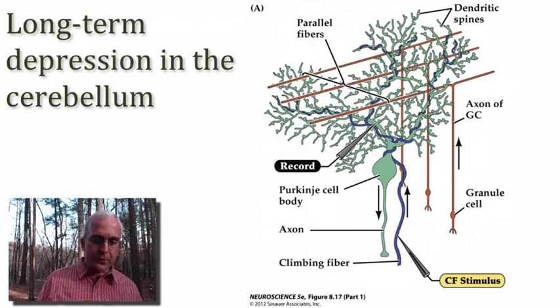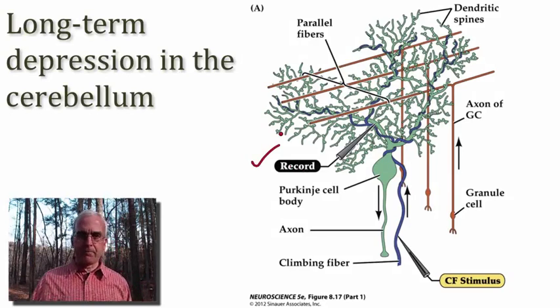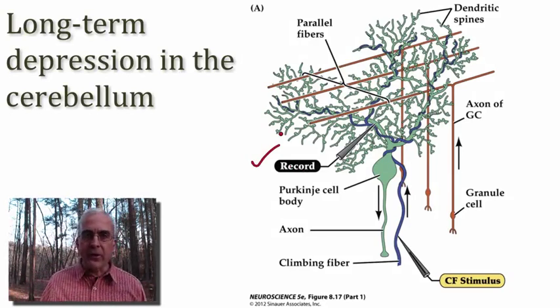Now imagine it were possible to do the following experiment, where we can record from the dendrites of a Purkinje cell and measure the postsynaptic response following activation of parallel fibers and climbing fibers.